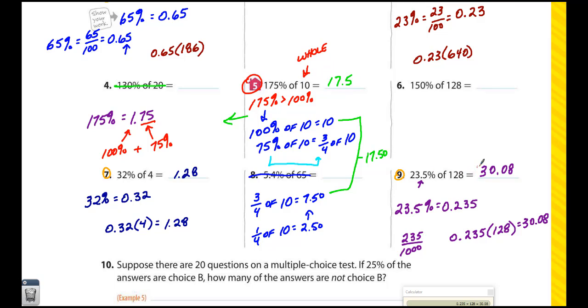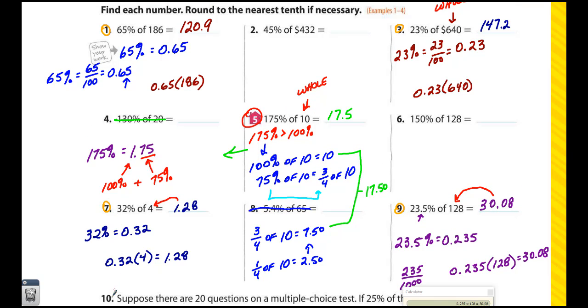Notice all the rest of these, it's smaller. 23.5% of 128, 30.08, smaller than the 128. 32% of 4, 1.28, smaller than the whole, which was the 4. But when we're here, 175% of 10, 17.5, bigger, greater than the original whole. So that's what we know.